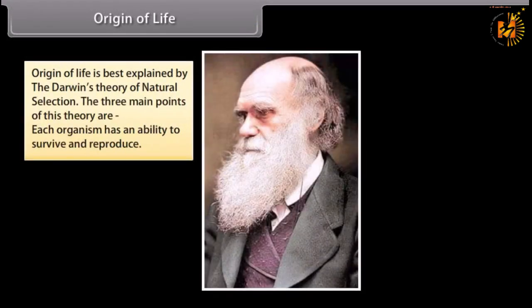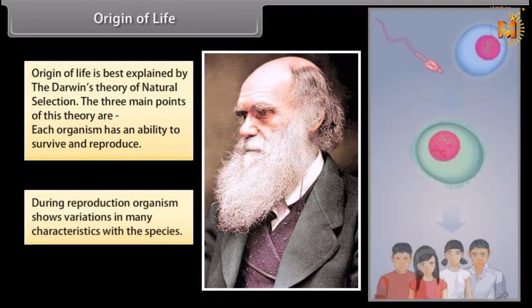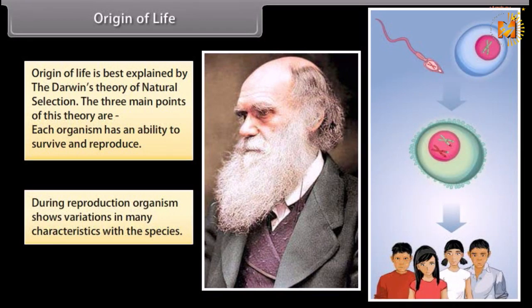Origin of life. Origin of life is best explained by Darwin's theory of natural selection. The three main points of this theory: Each organism has an ability to survive and reproduce. During reproduction, organisms show variations in many characteristics within their species.